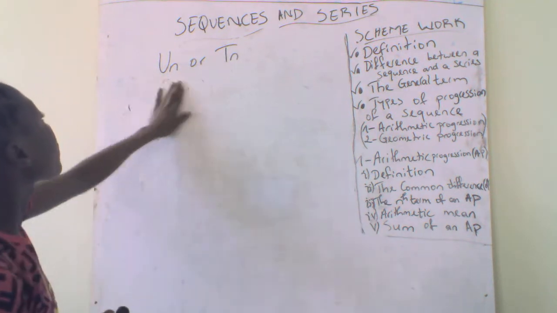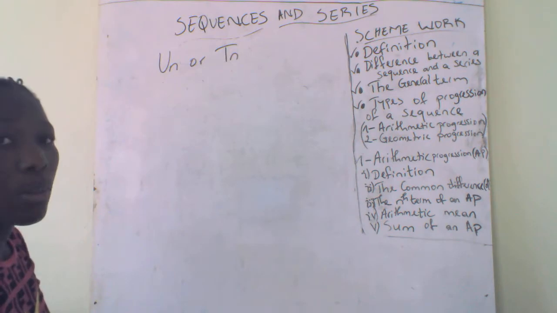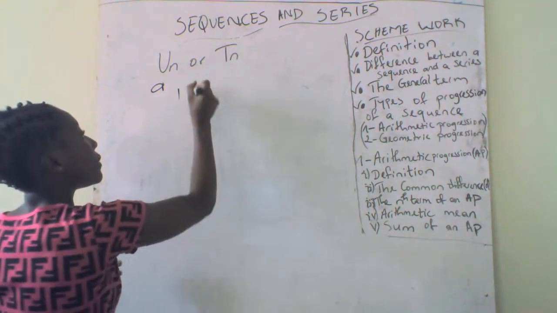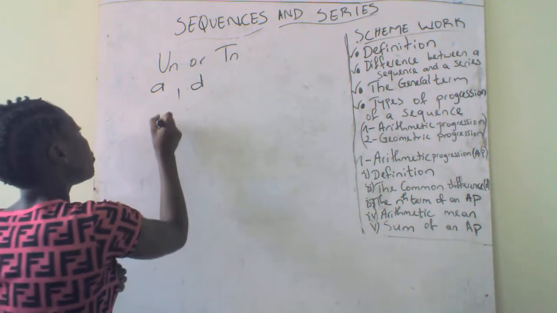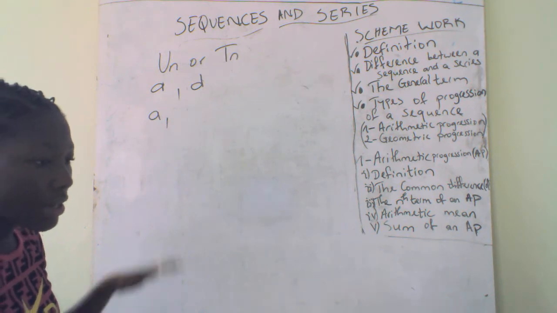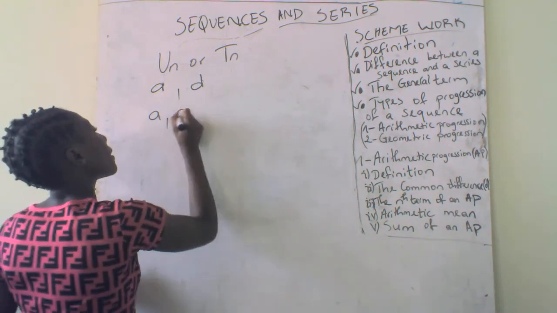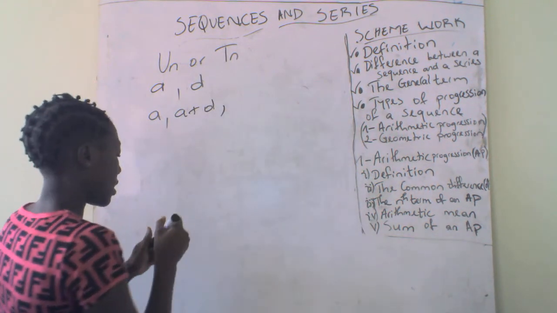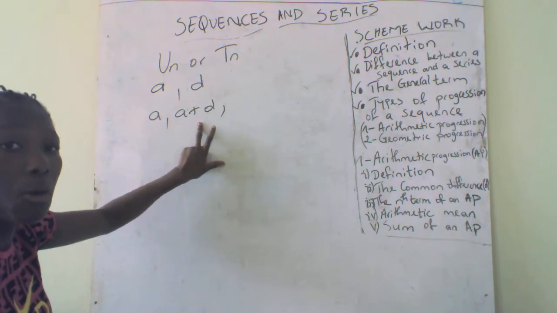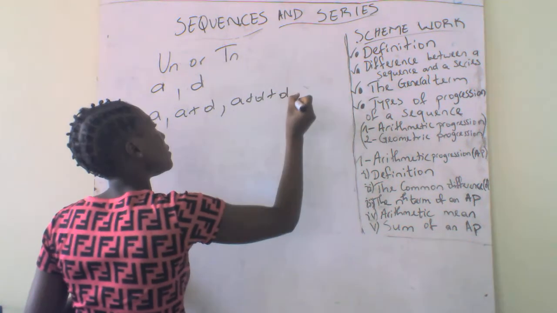So let's see, how do we get our AP? Given that the first term of the AP is denoted by A and our common difference D, we should know that the second term is given by the first term plus the common difference, which is A plus D. The third term is given by the second term plus the common difference, which is A plus D plus D, and so on.